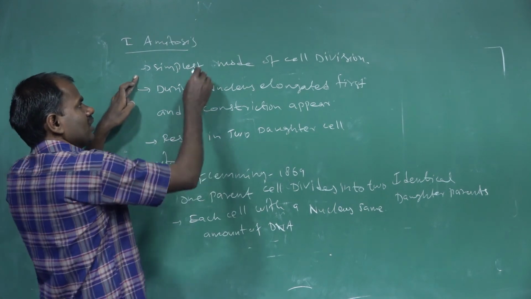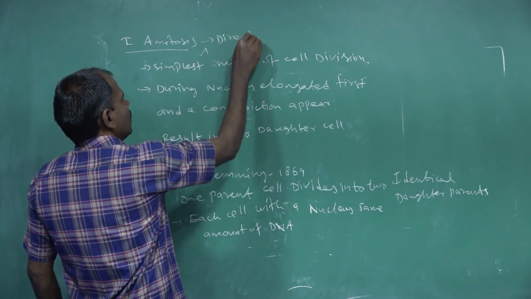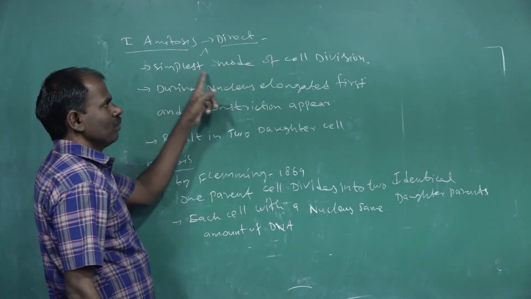Mitosis is the first stage, and amitosis is also called direct cell division. Direct cell division is the simplest mode of cell division.